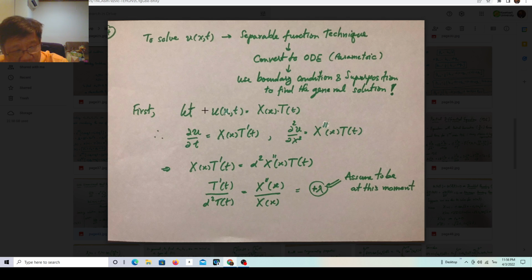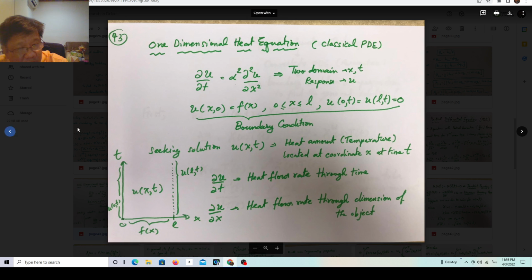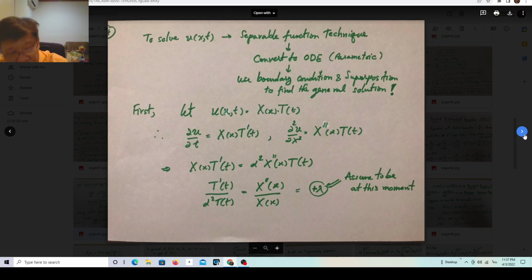After you set up u of x,t as this separable function in multiplication form, you can put this result into the equation that you are interested in. Please really consider this, because this is quite a unique technique that can convert whatever partial differential equation into what we call an ordinary differential equation, so you can use the techniques you studied previously to solve the problem.